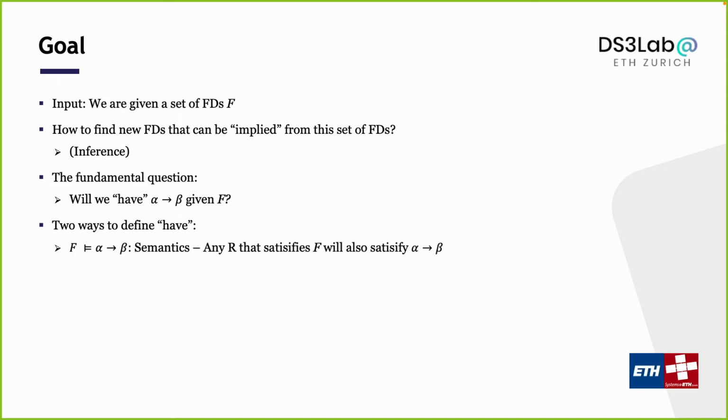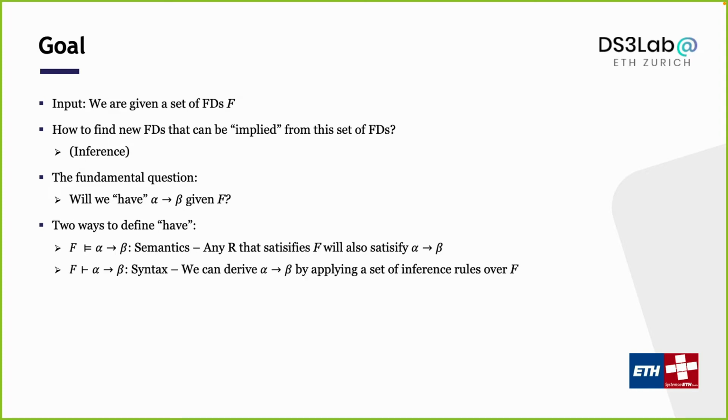On the semantic side, if we say if F holds, then alpha to beta will also hold. In the semantic sense, what we are actually saying is, can we prove that for all possible relation instances R that satisfy F, it will also satisfy alpha to beta. This is from the semantic side.